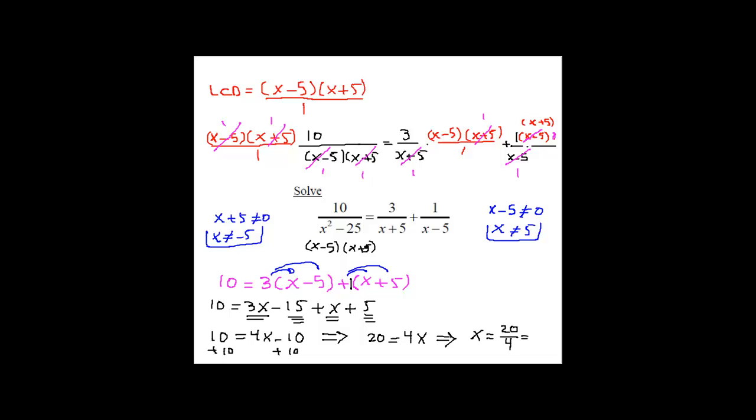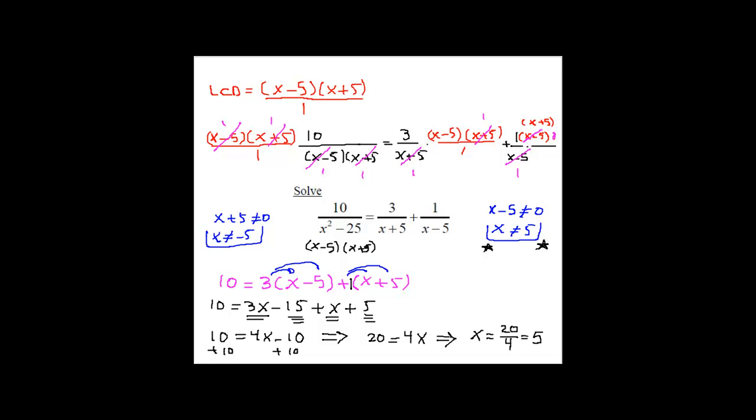And we said earlier we cannot have x equal to 5. Right here, that was one of the restrictions. So what would be the solution to this? Sumit, what is the solution? Undefined. Well, we found one solution to be 5 using this method, and we said 5 cannot be a real solution.